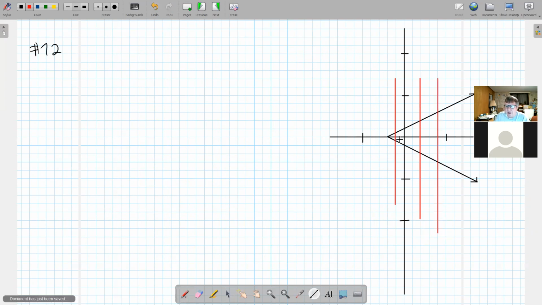Each of those vertical lines represents an x value. For instance, here we have x equals -1. Here we have x equals 2. Here we have x equals 4. But notice when x equals -1, there's two different y values. When x equals 2, there's two different y values. When x equals 4, there's two different y values. So this is not a function.